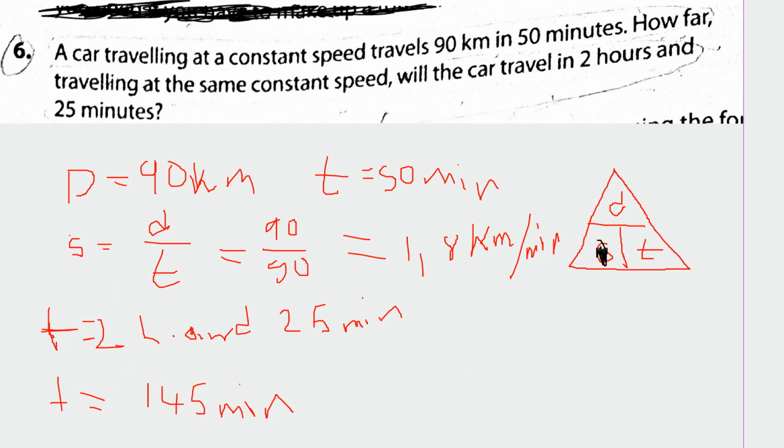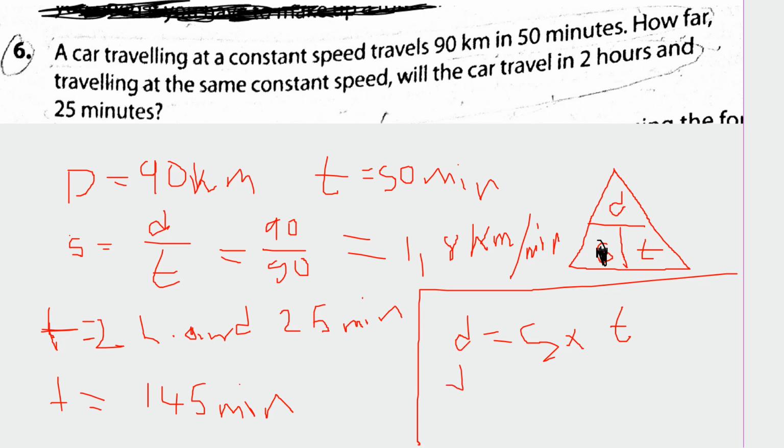Okay, so after we have determined this time, we can calculate the distance that the constant speed of 1.8 kilometers per minute can travel at the time of 2 hours and 25 minutes. So how do we determine the distance? We go to this triangle of ours and hide the distance. When we hide the distance, it's going to be speed multiplied by time. So distance is equal to speed multiplied by time.